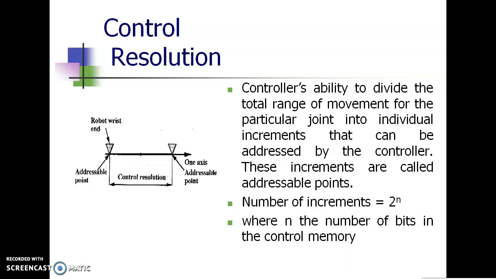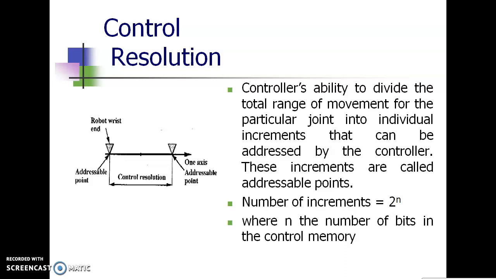In a particular axis, the total range of movement is divided into smaller increments, and these increments can be addressed by the controller. So these increments are called addressable points.